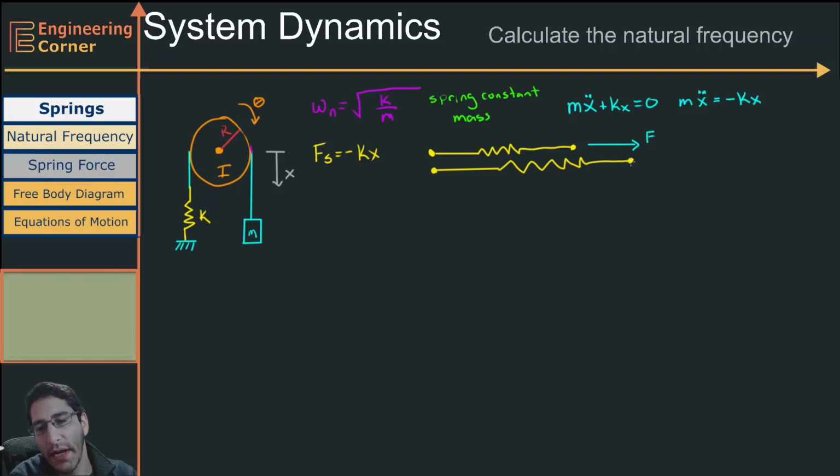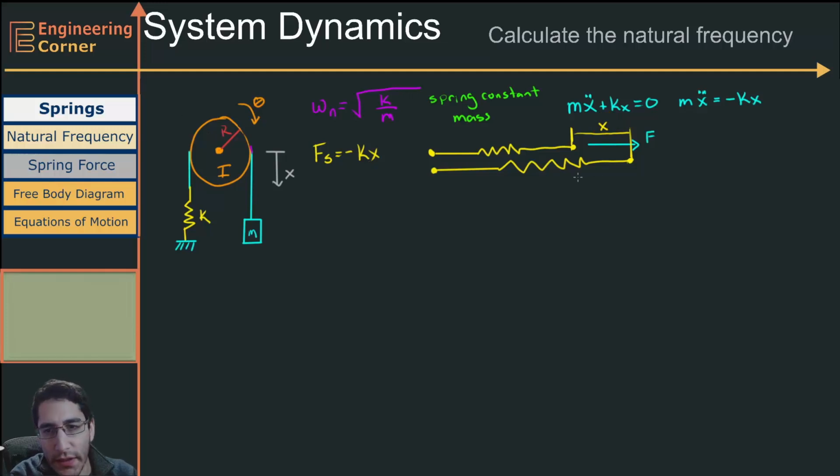The distance from here to here, the amount that my spring stretches, we're just going to call right now x. This x is the amount of stretch or compression that the spring has.